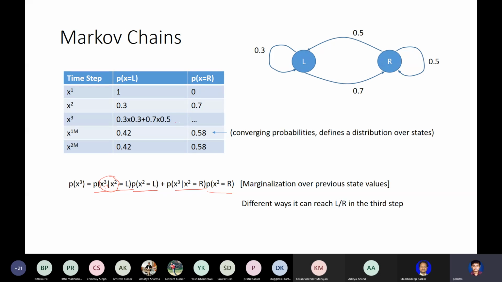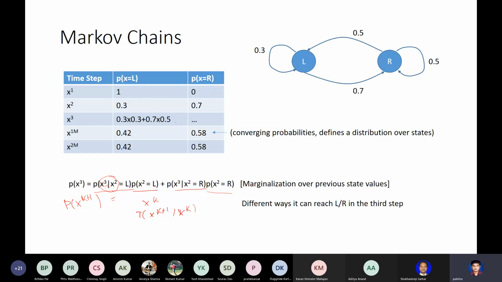So this can be carried on recursively, because to calculate the probability of being in a certain state in x(k+1), all I need is where I am in xk and the transition probabilities. That's all I need, because it is Markovian.